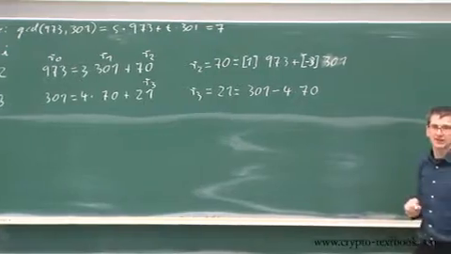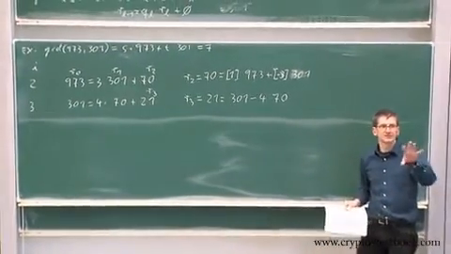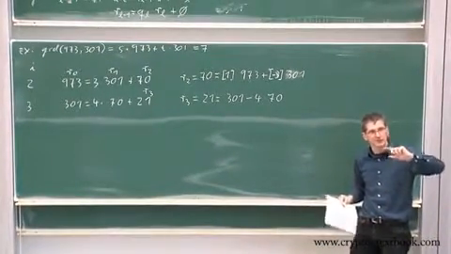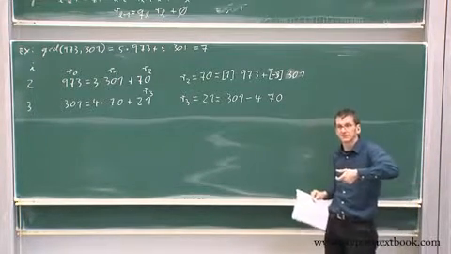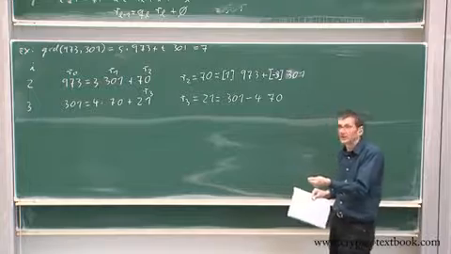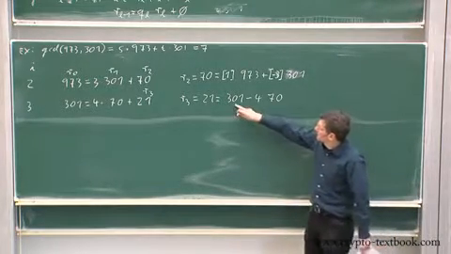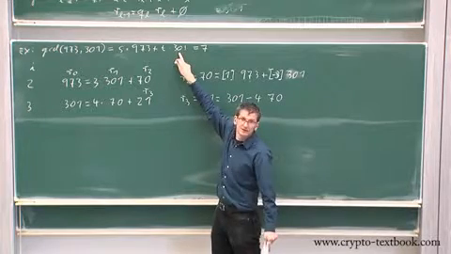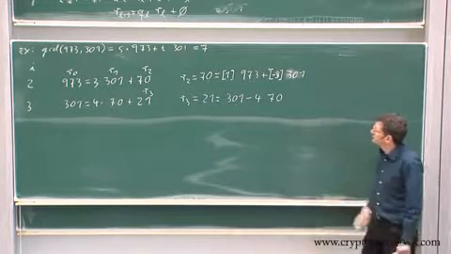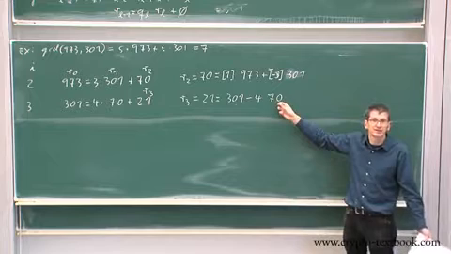Now you look at this equation, and now you have to start paying attention. This is the first time we really get into the mechanics, the details, das Getriebe of the algorithm. The 301 is good here, right? Because this is our R1. What is bad here? The 70, right?